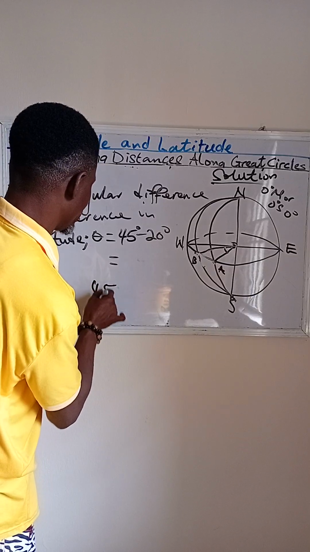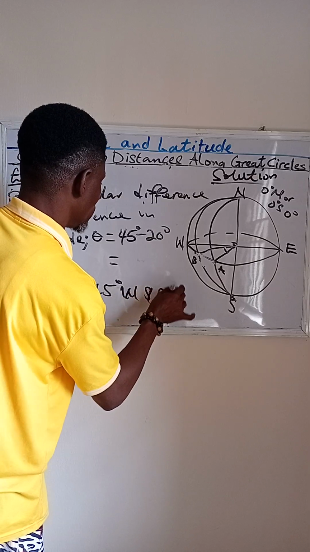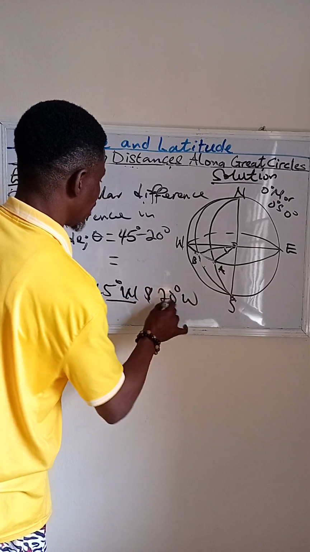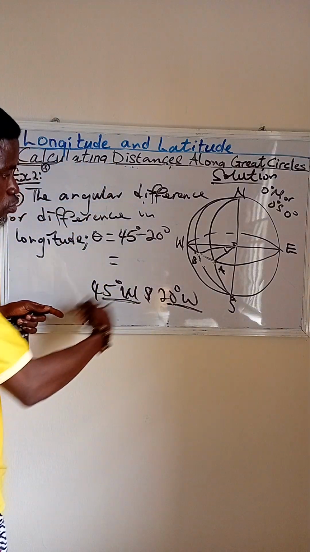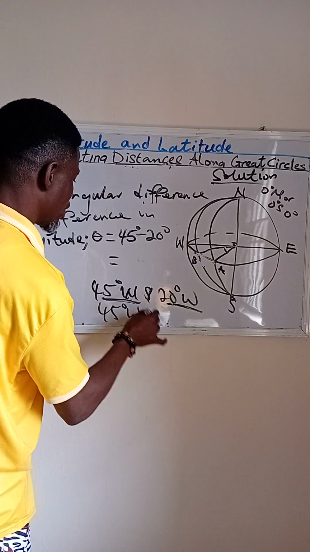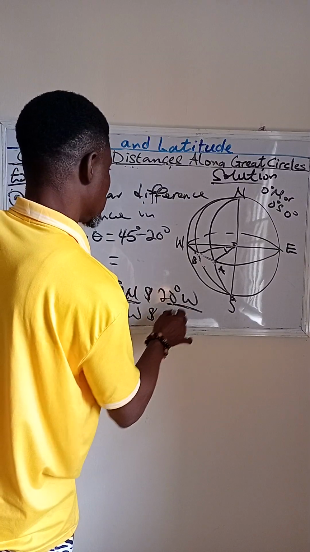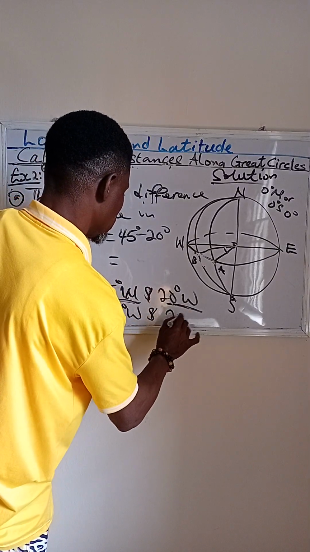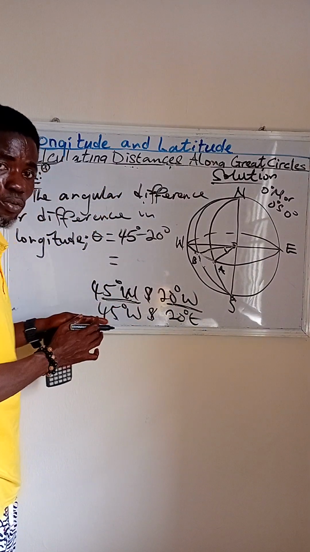We have 45 west and 20 west, so both of them are on the same direction. In that case, you subtract them. But let's say we have 45 west and 20 east. You can see that they are on the opposite direction.